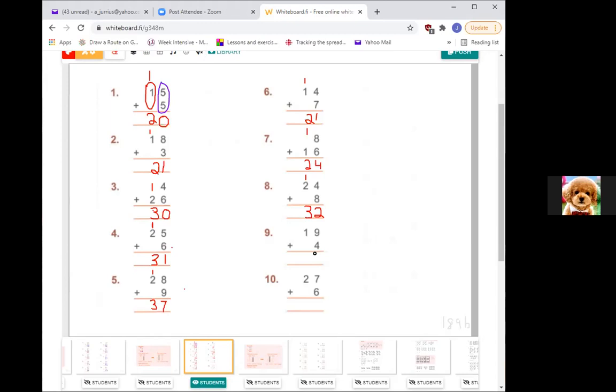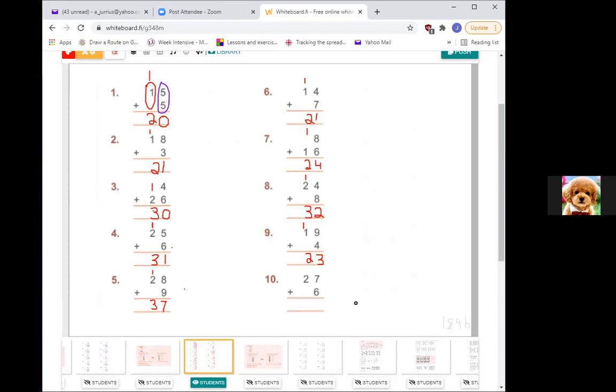Right. So I write down the 3 and carry the 1. And 1 plus 2 is 3? 1 plus 1 is 2. So the answer is 23. Very nice.